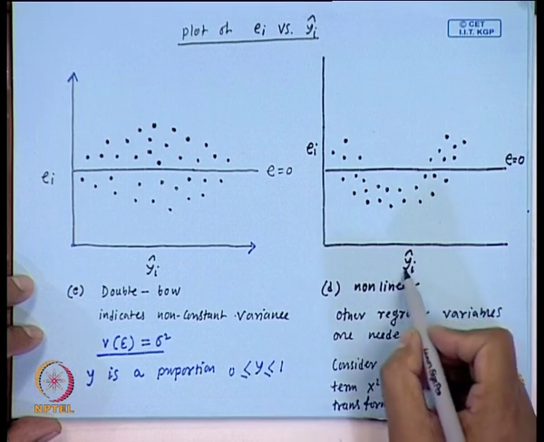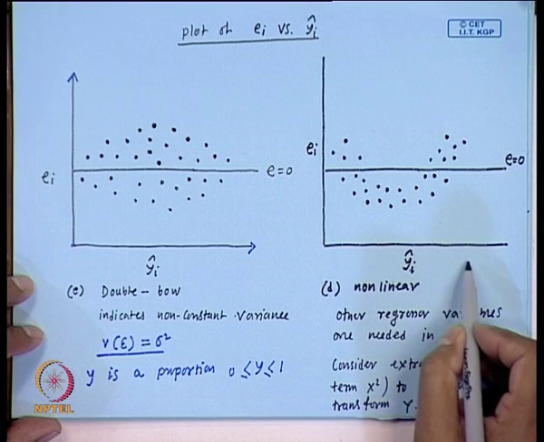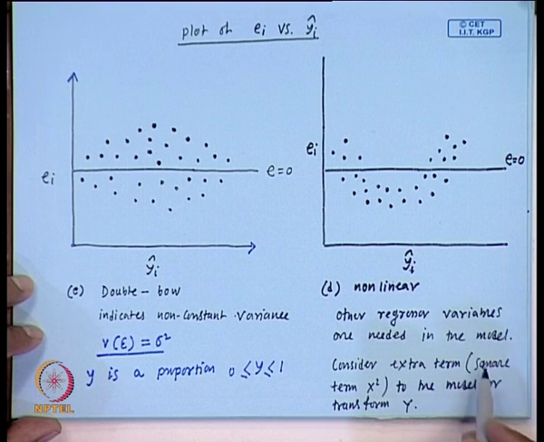I mean the relation is not just the linear relation like y equal to beta naught plus beta 1 x. You need to introduce some square term, the higher order term, or you take a transformation of the response variable y.